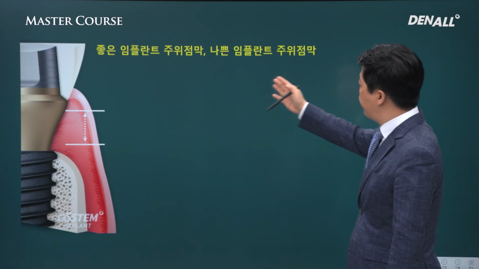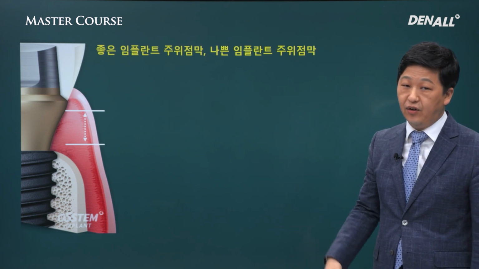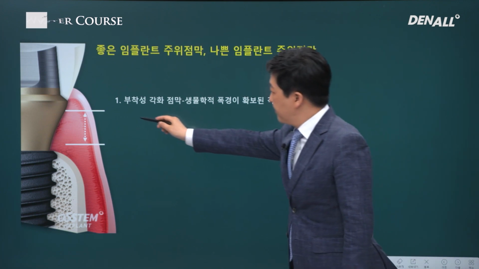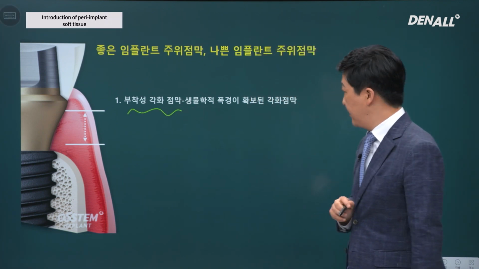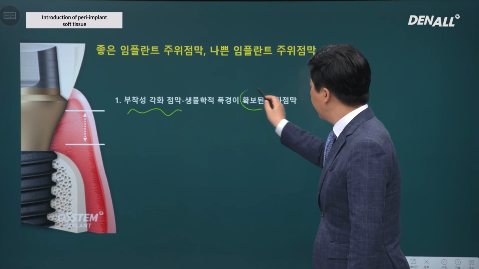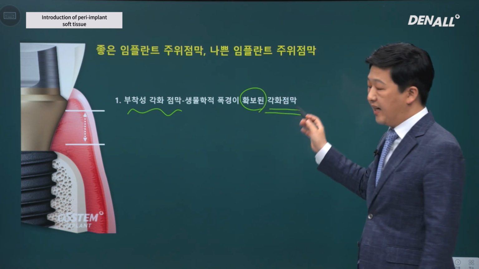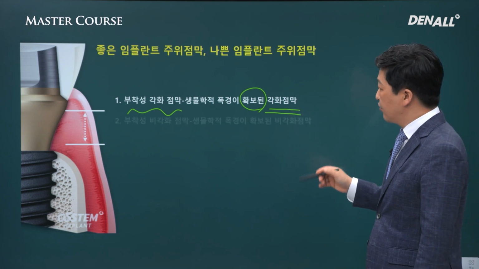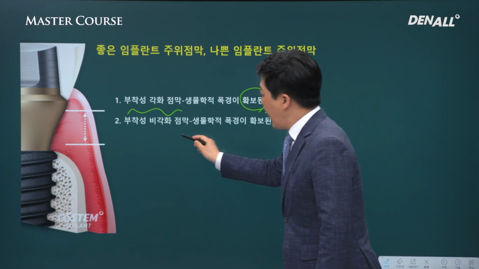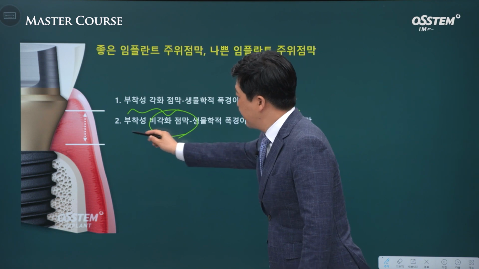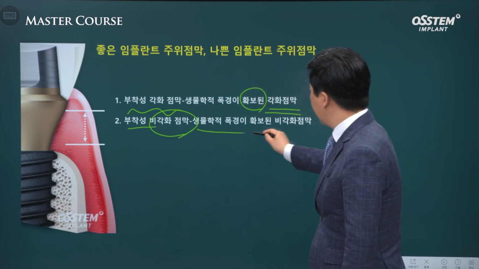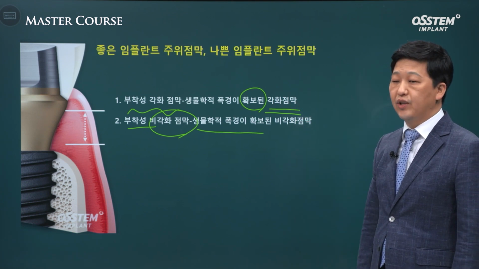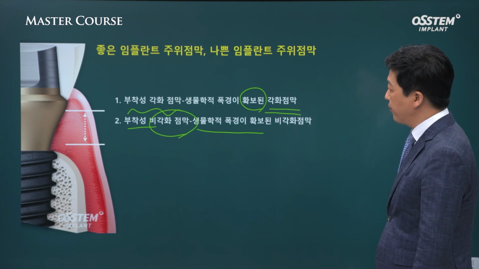Then, what is good peri-implant mucosa and bad peri-implant mucosa? The best peri-implant mucosa is attached keratinized mucosa. There is biologic width and keratinized mucosa. That is the best. Second, it is non-keratinized mucosa, but it is attached and has biologic width. This is the second best case.